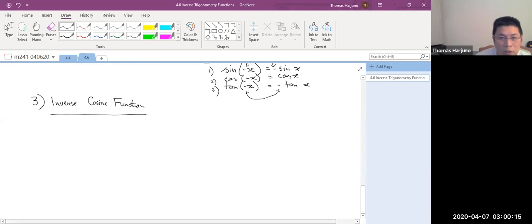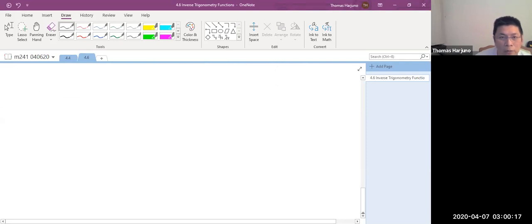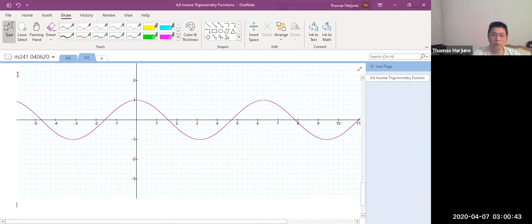Let's see what is the graph of cosine function first. That's the graph of cosine function.